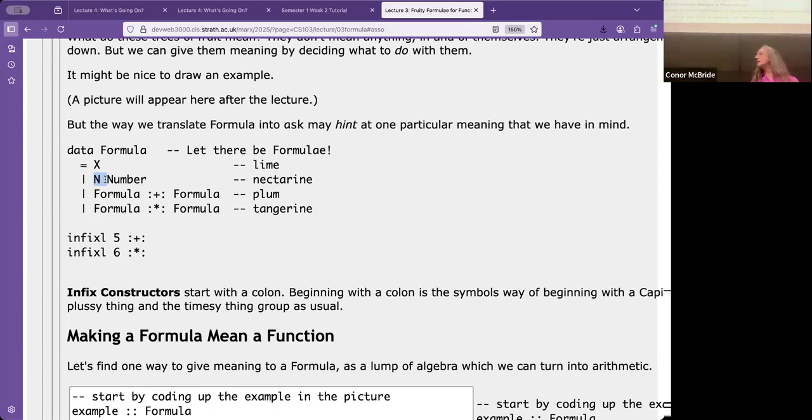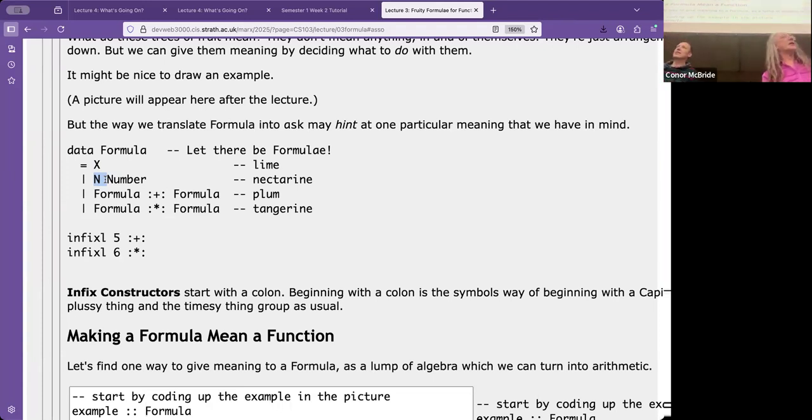That might be a bit strange, but you might think, isn't 2 already a formula? No, it isn't. We want to distinguish the number 2 from the formula, which is made by saying I want it always to be the constant value 2.